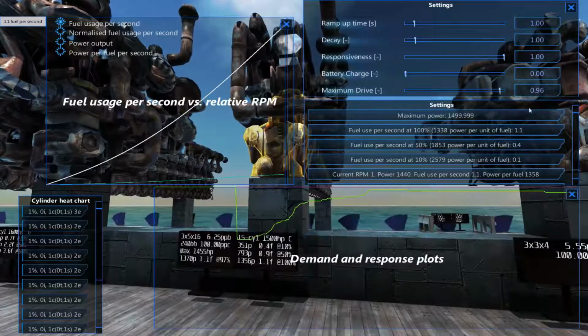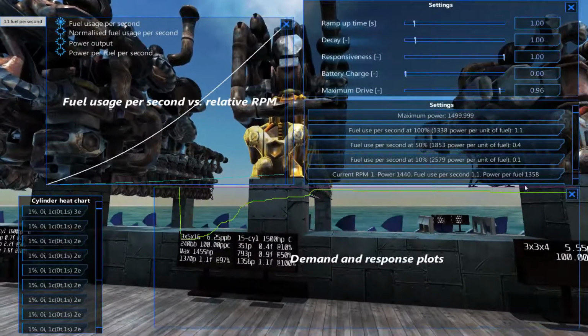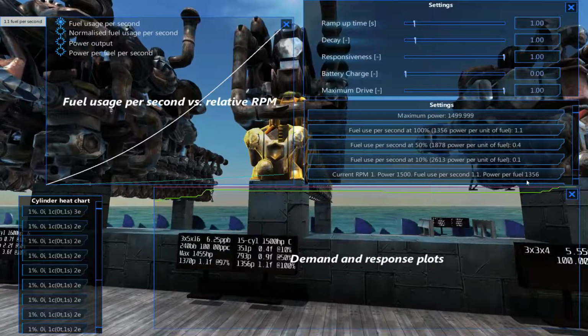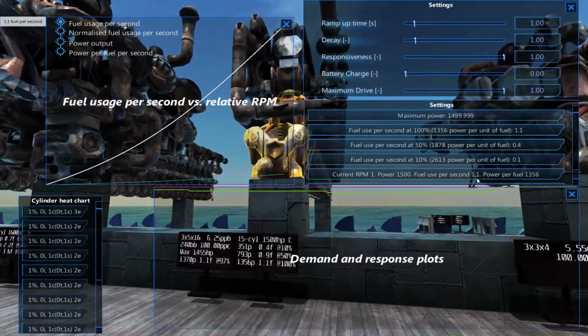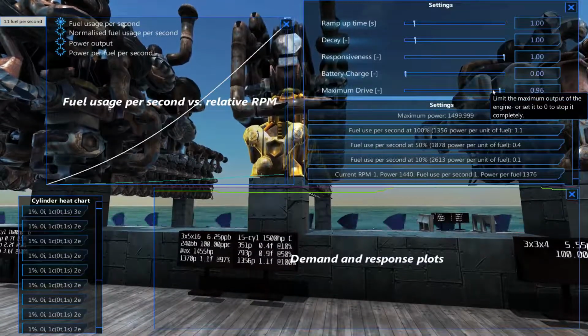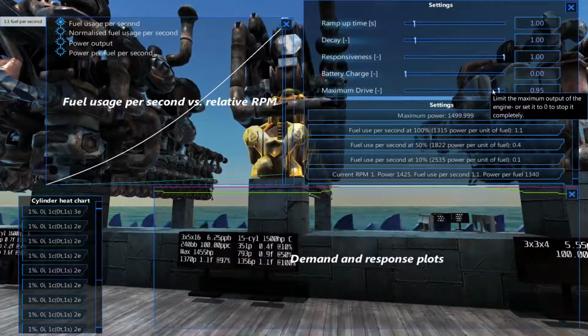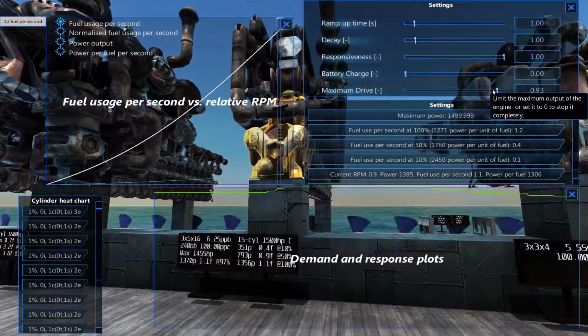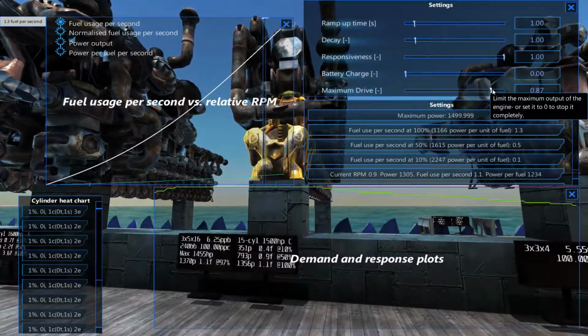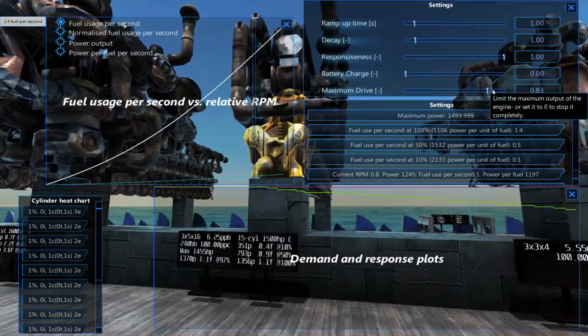At 96, it's still a 1358, and at 100% it's still 1356. But notice as I move it down, it never comes off the 1.1 once it settles out.